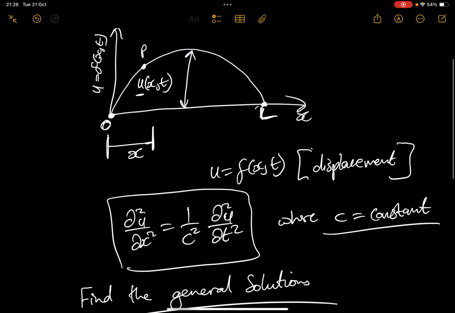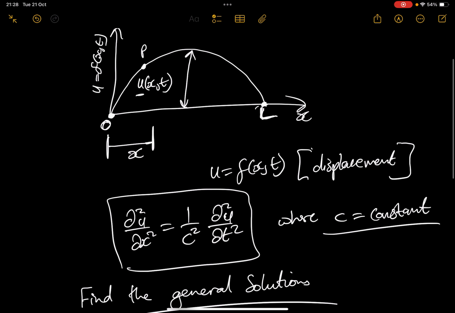So when, after finding the auxiliary equation, you're finding the complementary function of a second order differential equation that is homogeneous, from here you're going to have a cos px plus b sine px.